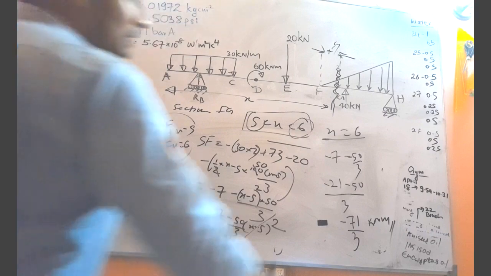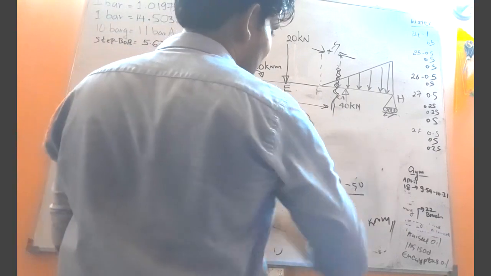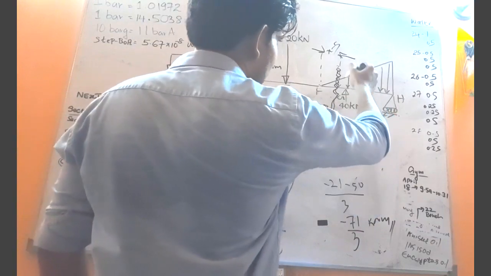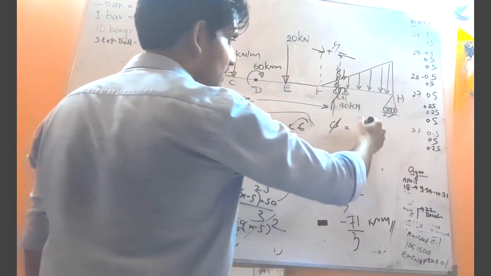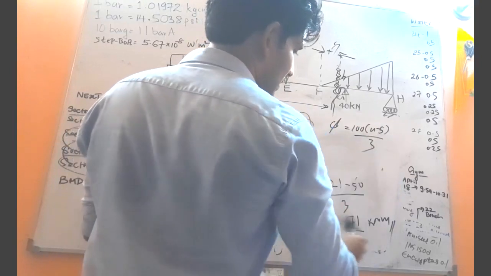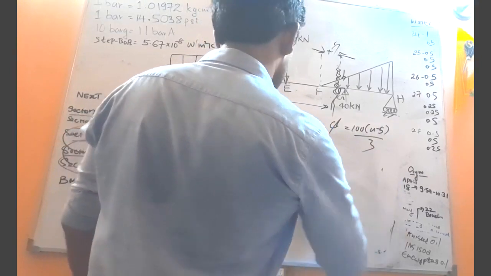This length for the height is very important, otherwise it will be a problem. I need the height 100 x minus 5 divided by 3. Now the shear force values I have evaluated.